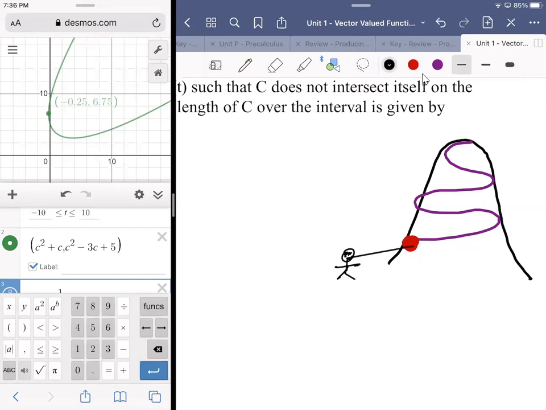Got his line of sight to your position. But then you move along and his line of sight changes. If I could turn my line draw tool on. And then maybe you get over here, line of sight changes.